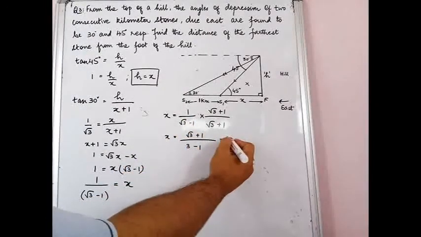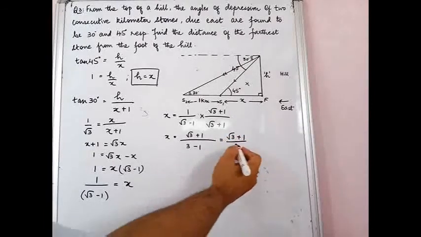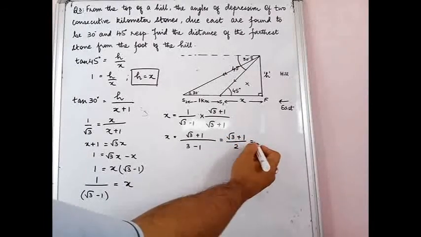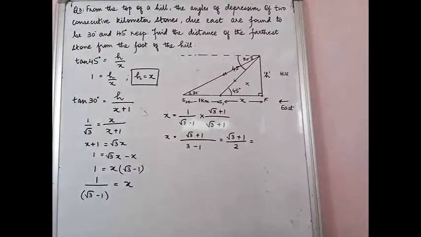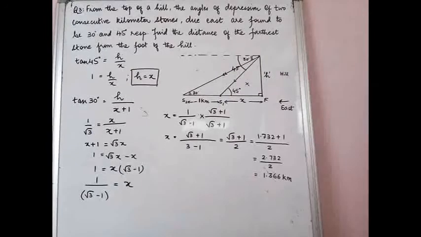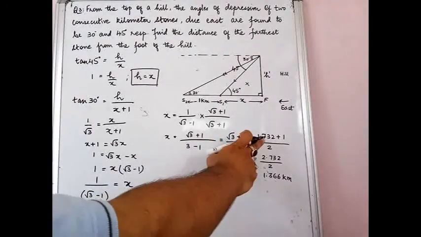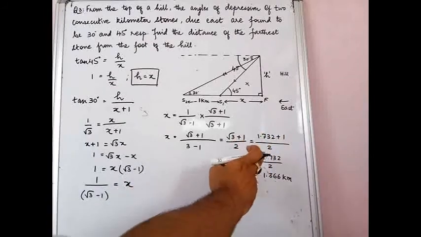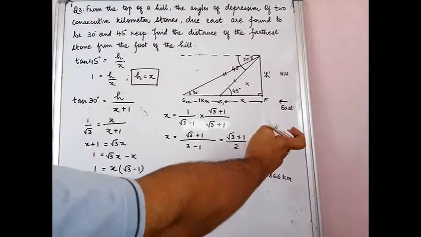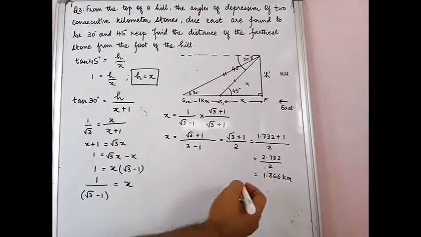So this becomes root 3 plus 1 upon 3 minus 1, which is 2. So now you can put up the value of root 3 as 1.732. Okay, so now you see, I have put the value of root 3 as 1.732 plus 1 divided by 2. 1.732 plus 1 will give you 2.732 divided by 2, 1.366 kilometers.